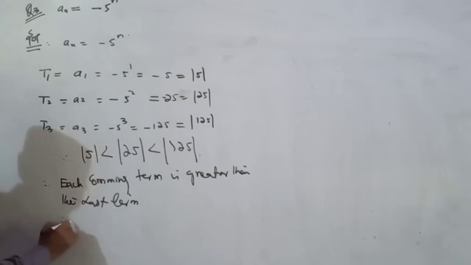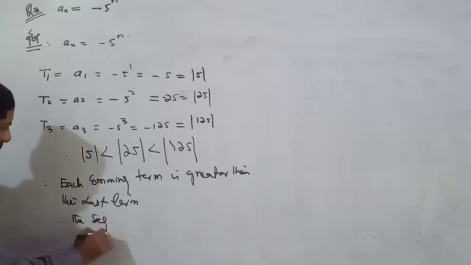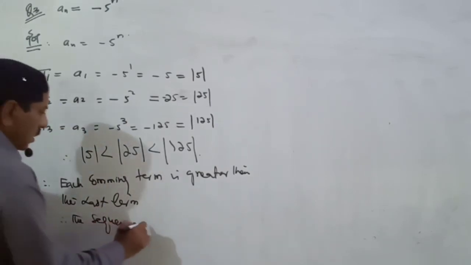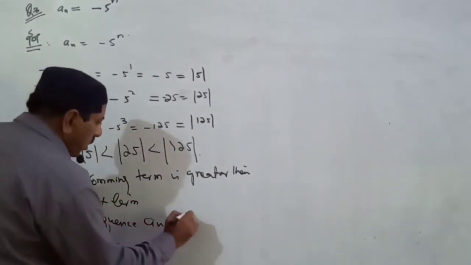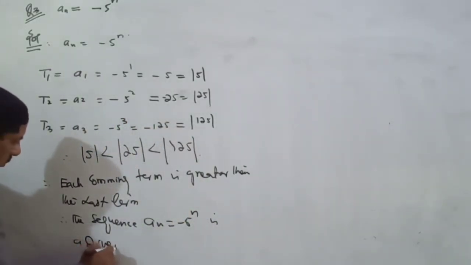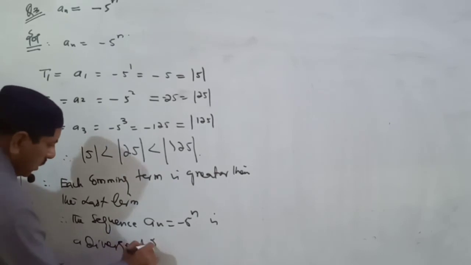Therefore the sequence an is equal to minus 5 power n is a divergent sequence.